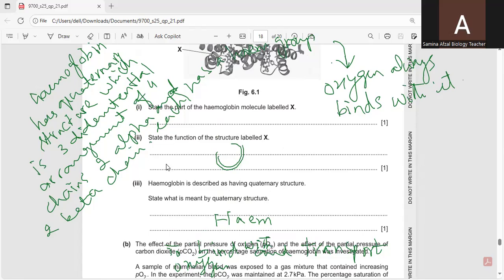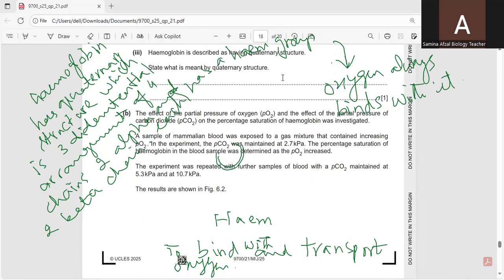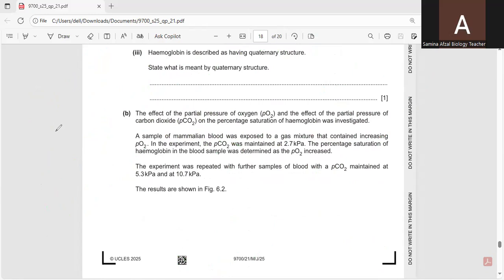Moving towards question part 3. Hemoglobin is described as having quaternary structure. So what is meant by quaternary structure?